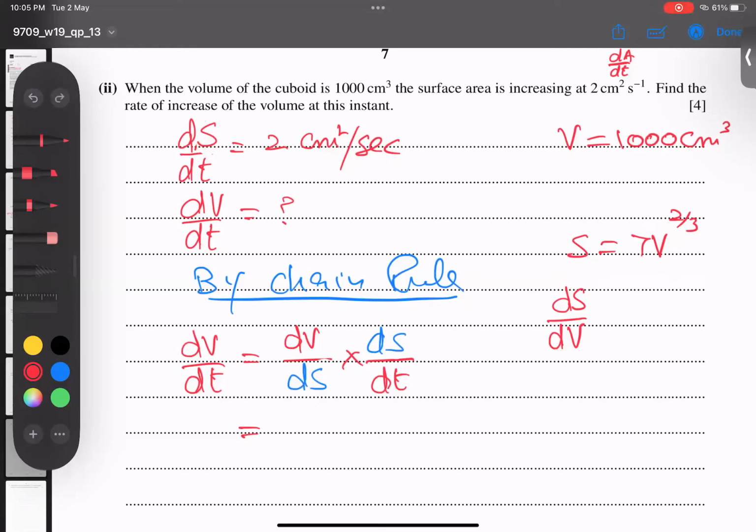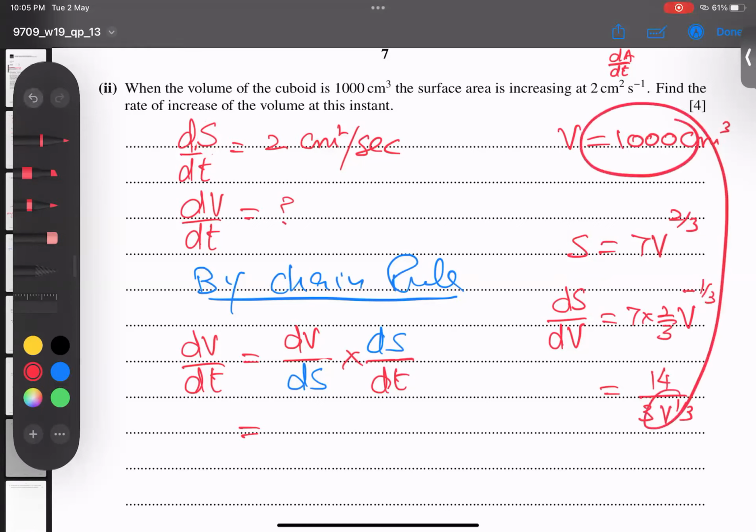There's a rule. So 7 as it is, 2 by 3 comes down, and from the power 1 less, I get minus 1 over 3. Afterwards, 14 over 3 V to power 1 by 3, I brought in the denominator. And when the volume is 1000, replace 1000 here.